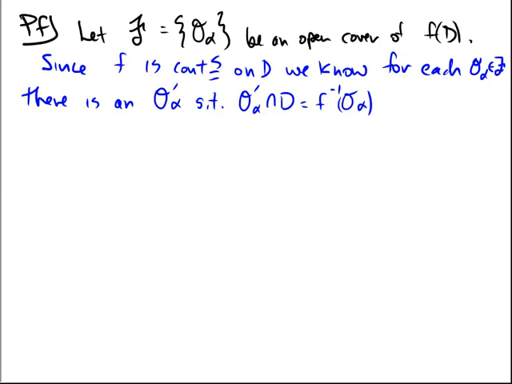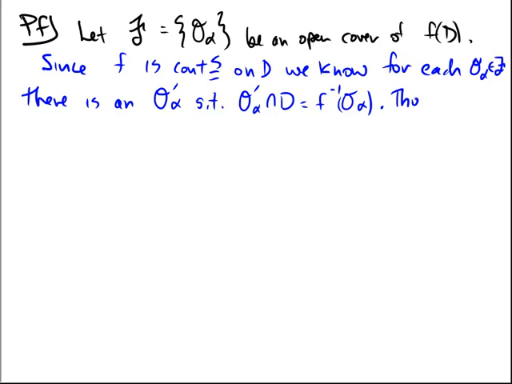We have to intersect it with D because the O prime alpha might have some extra things that were not part of the domain, but when we intersect it down to the domain, we get just the things inside the preimage of O alpha. But what would that give us?